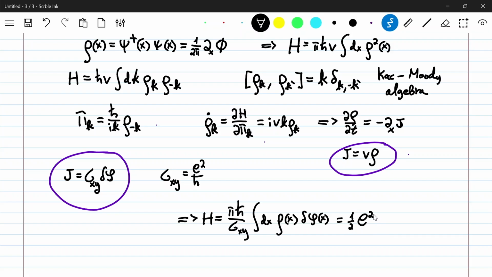It's just half e square integral of density times electrostatic potential. So that's one way of interpreting the energy of the edge, or the field theory for the edge.